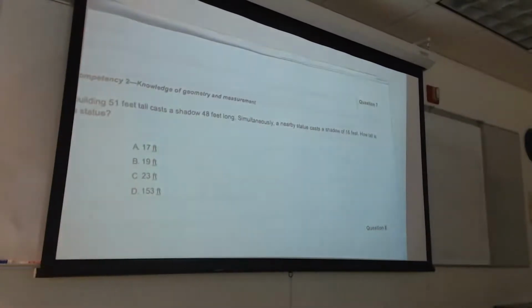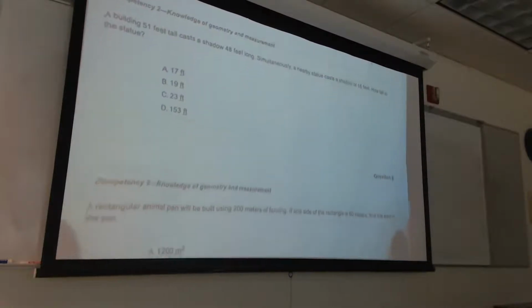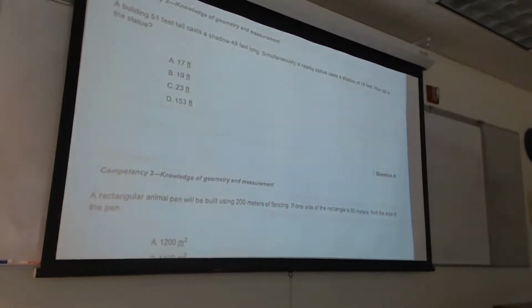All right, anyway, here we are, number 7. A building 51 feet tall casts a shadow 48 feet long. Oh, yay! The shadow and building problem, or the tree and shadow problem. You're probably going to see one of these on your test.